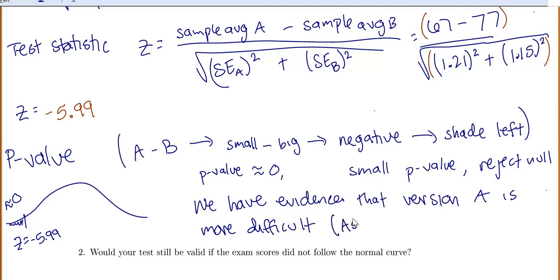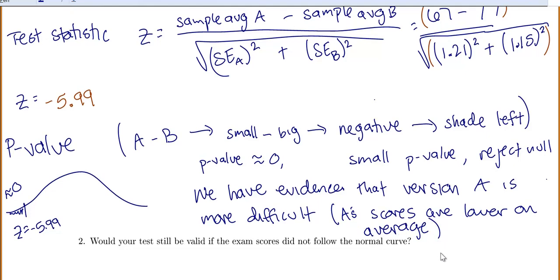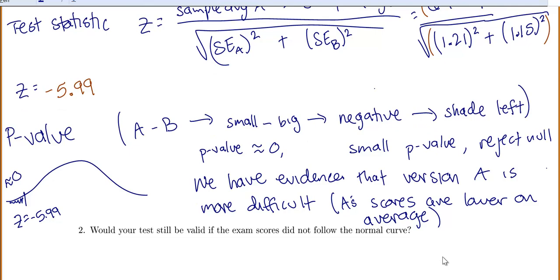So A's scores are lower on average. So we said, okay, yes, that 10-point difference wasn't just due to chance error, but it's evidence that version A really was more difficult.